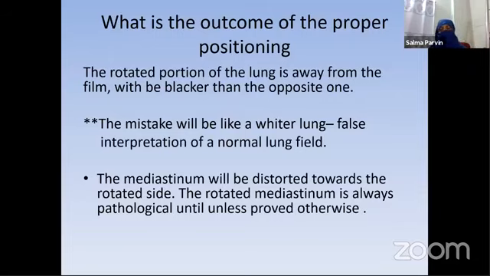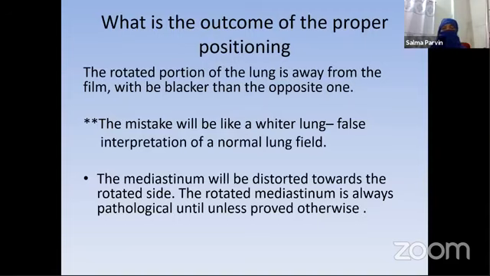But you have a technically faulty X-ray with a leftward rotation. The leftward rotation will keep the mediastinum to the left. This is simple. You know that the patient is rotated to the left and you will get the mediastinum rotated to the left.